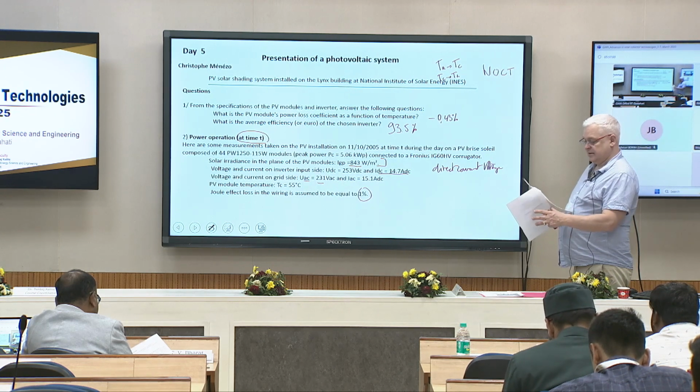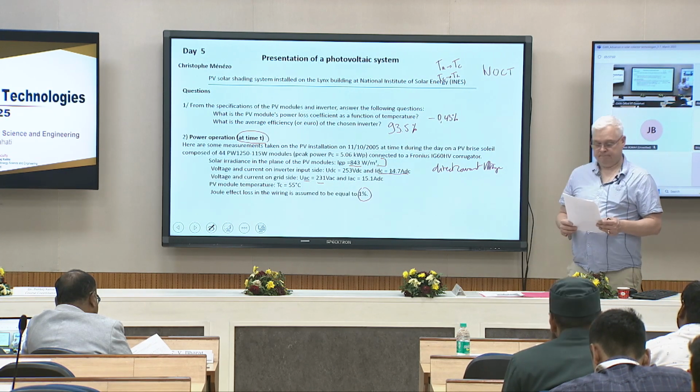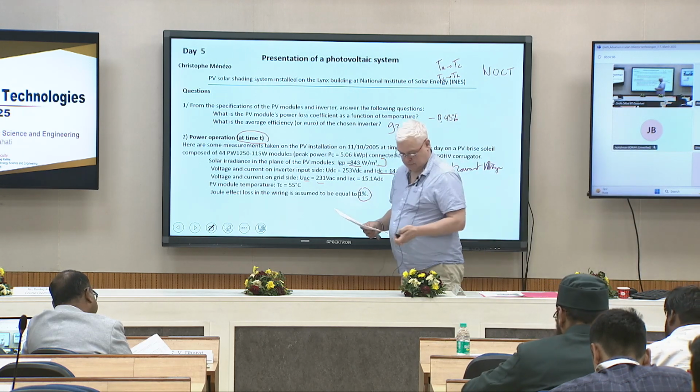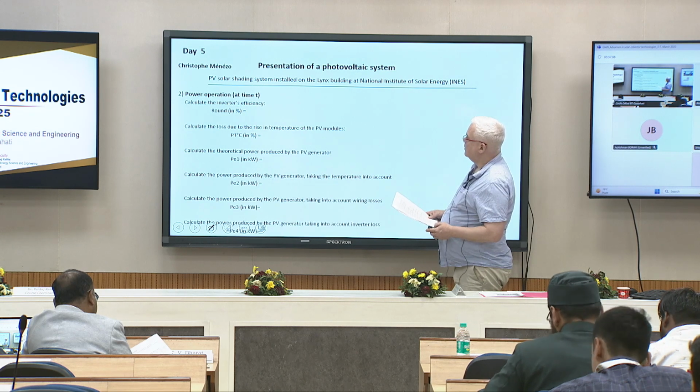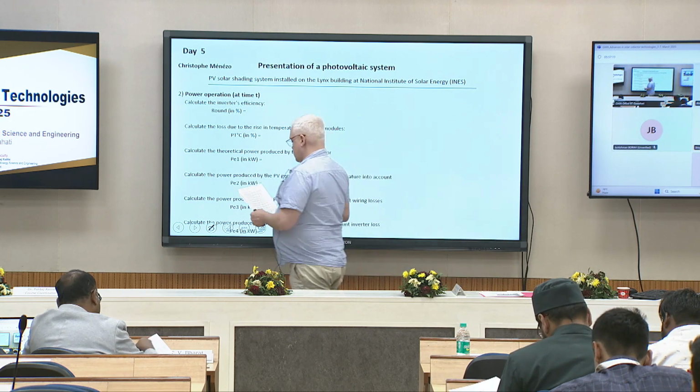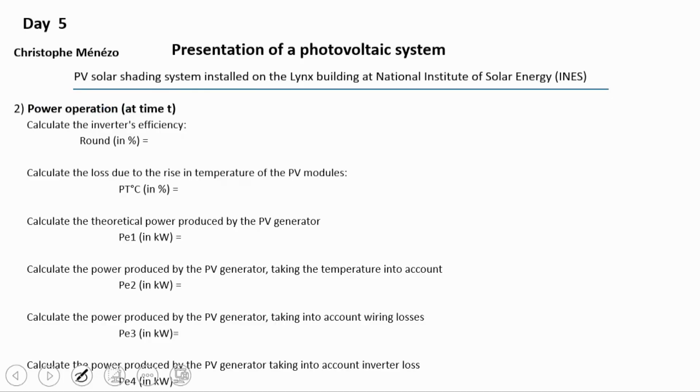So did you compute that? I can call that the efficiency of the inverter. You have to make the ratio between what you have after, divided by what you have before.